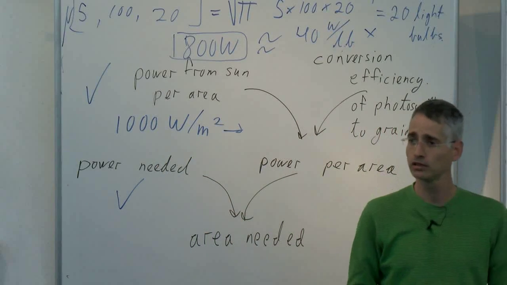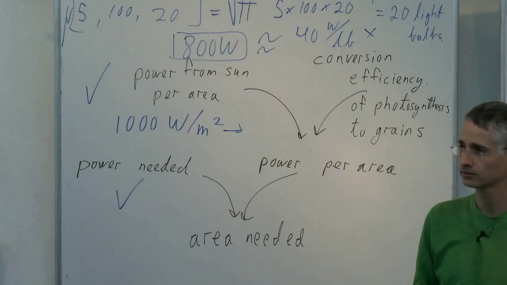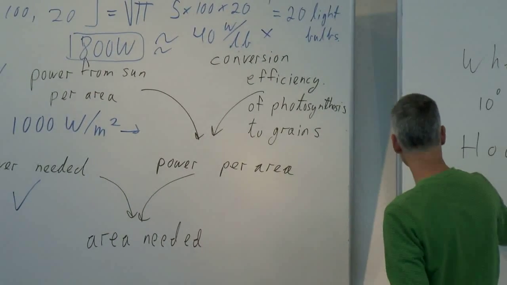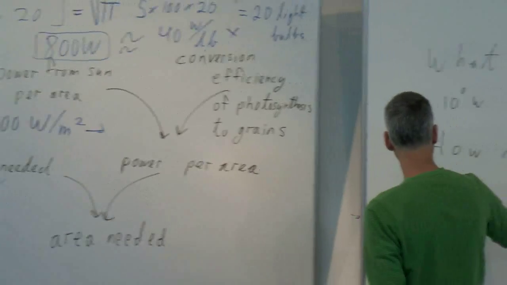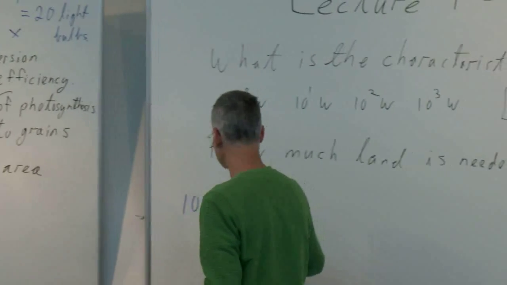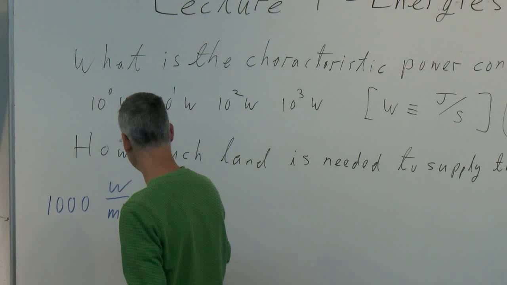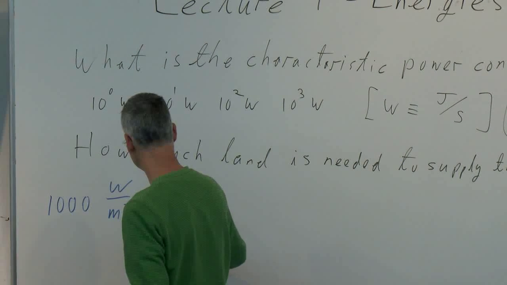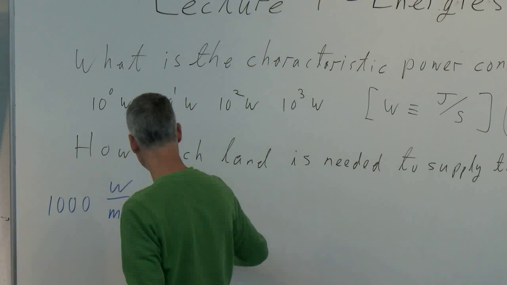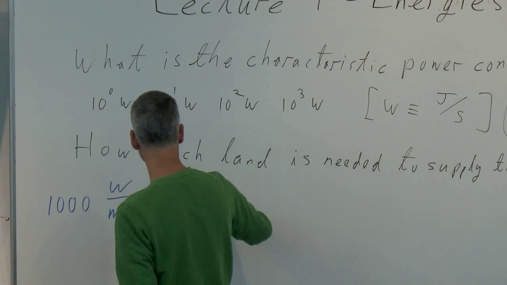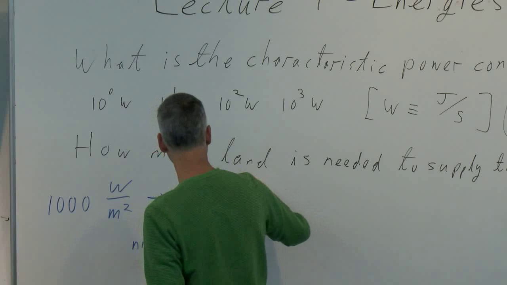What else is important? Just on the geometrical side. So we had 1,000 watts per meter square, and that was midday. We take day-night, and this would take us to 500 watts per meter square.